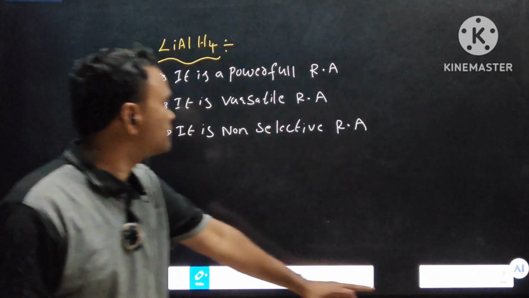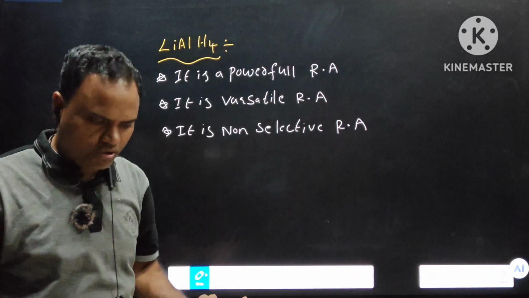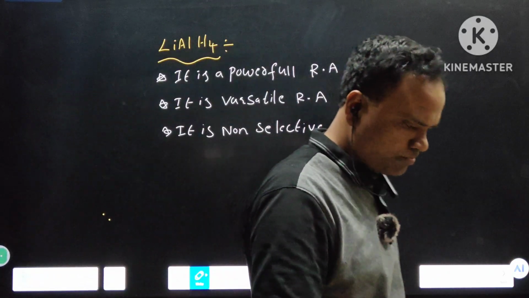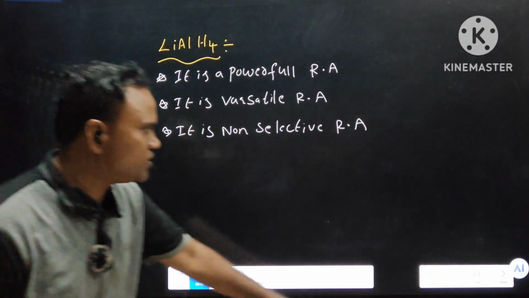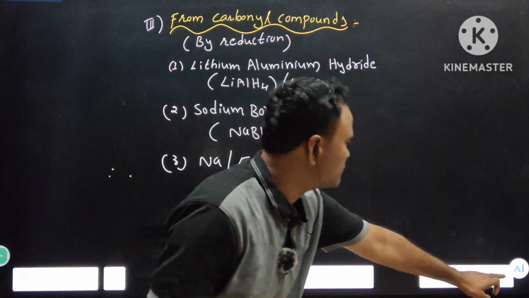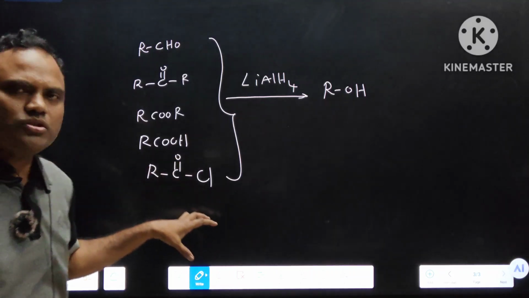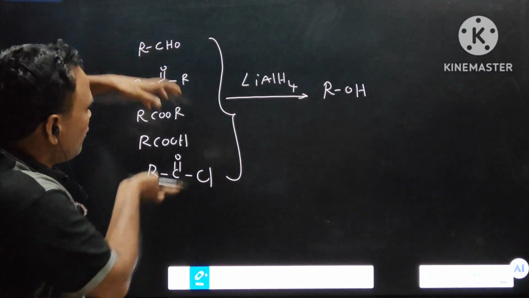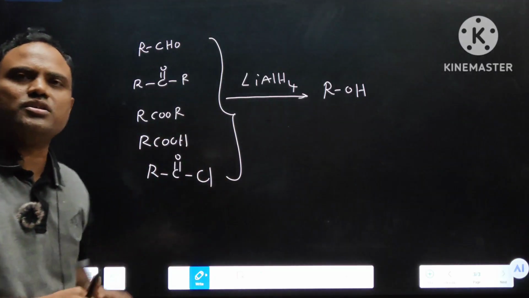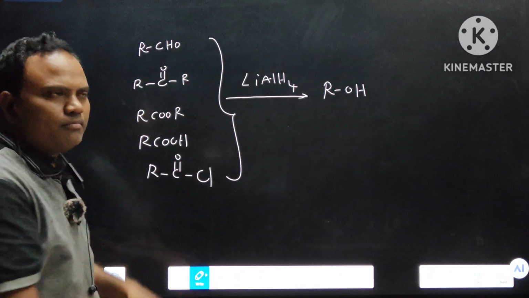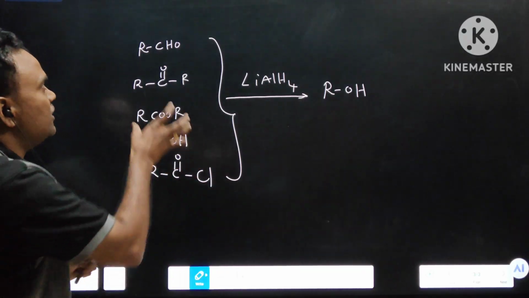Once all of you look at this: lithium aluminium hydride is a, tell me everybody, powerful reducing agent, versatile and non-selective. Non-selective means you have these many functional groups, and it reduces all of them to alcohol. It won't select particularly one functional group. If another reagent is present, then that reagent selects only one functional group.